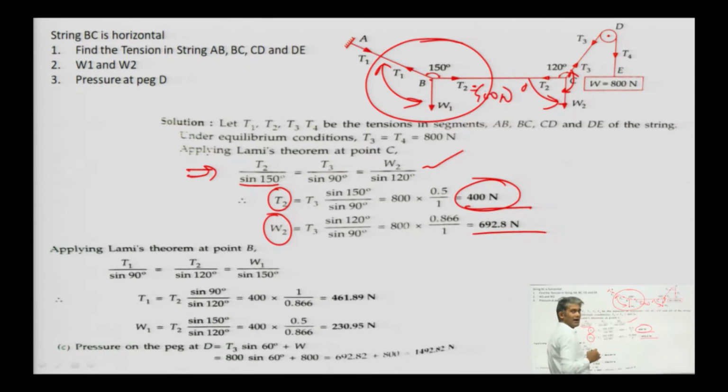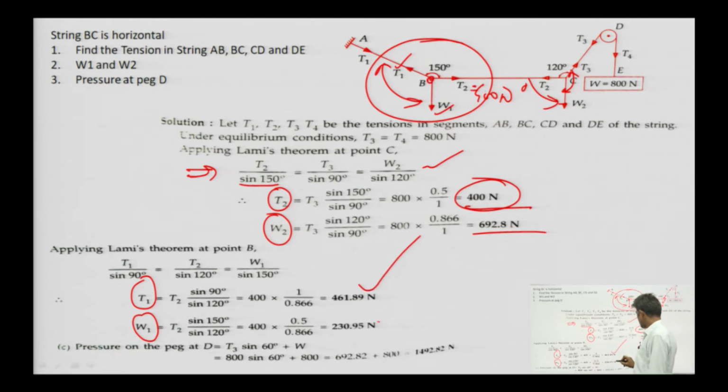Now, how many unknown forces are there in this FBD? W1 and T1. Two unknowns, two equations, so those values can be calculated, and here only three forces are acting. Then with the help of Lami's theorem, the values of T1 and W1 have been calculated as this.